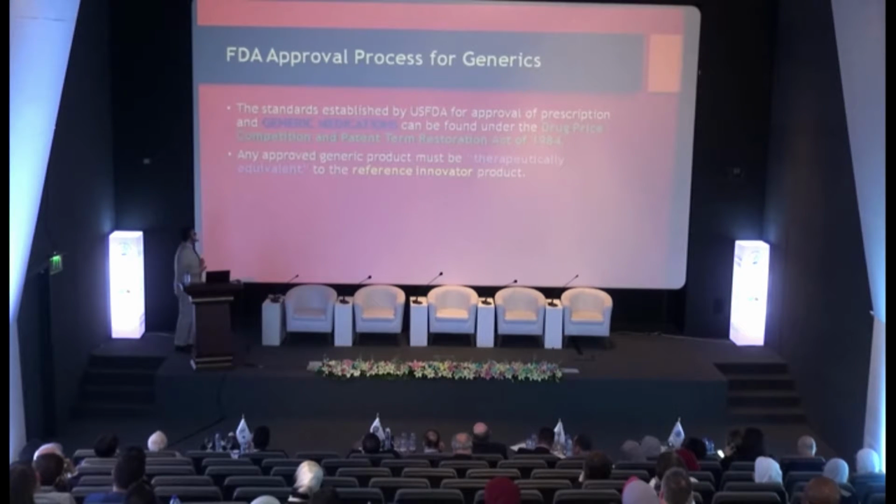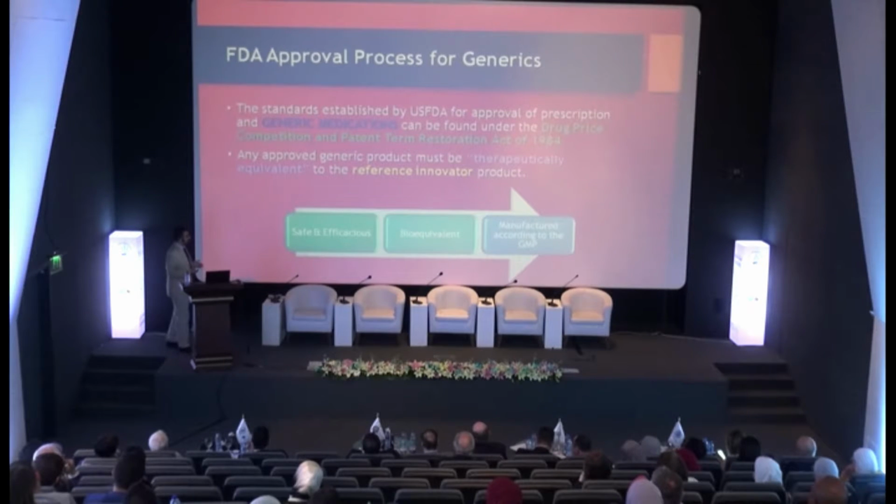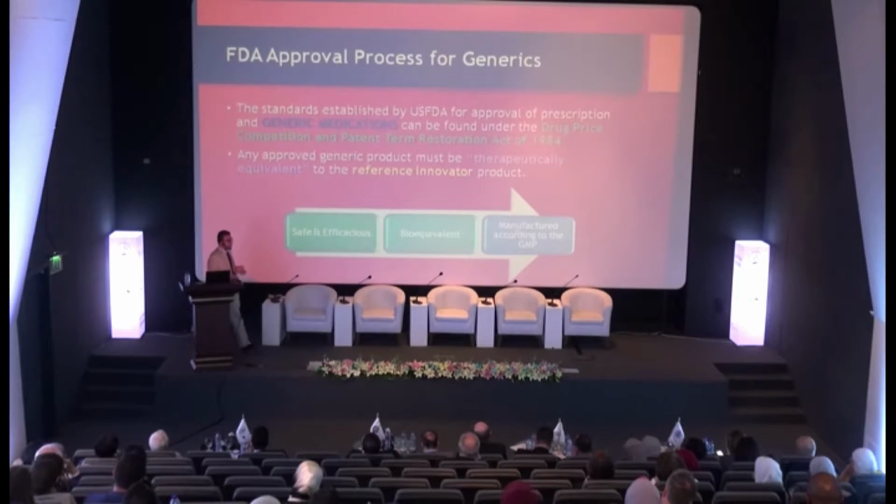Any approved generic product must be therapeutically equivalent to the reference innovator drug, approved to be safe and efficacious, and therefore bioequivalent, and manufactured according to GMP, or good manufacturing practice.